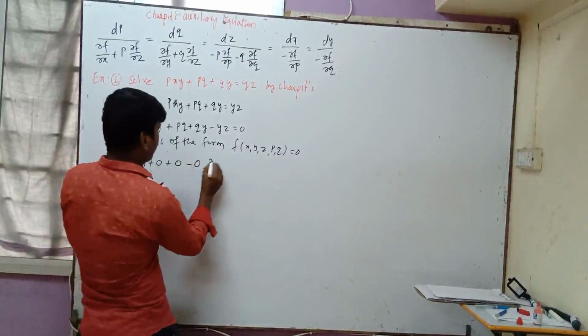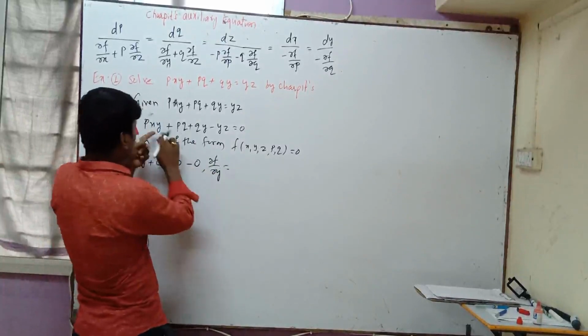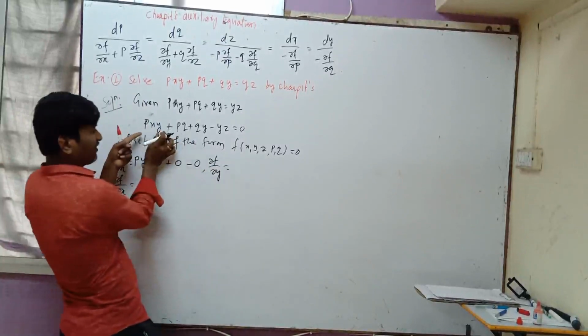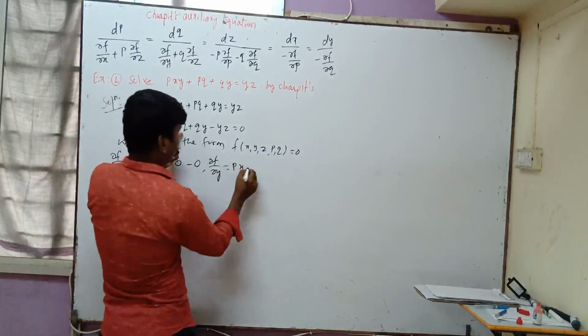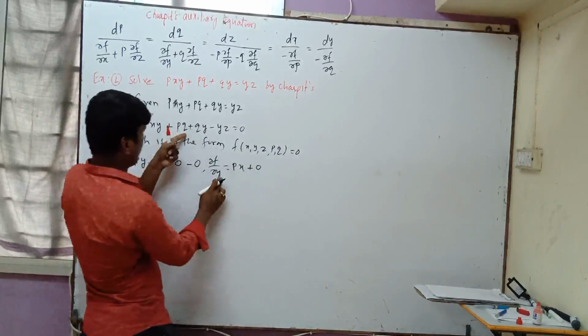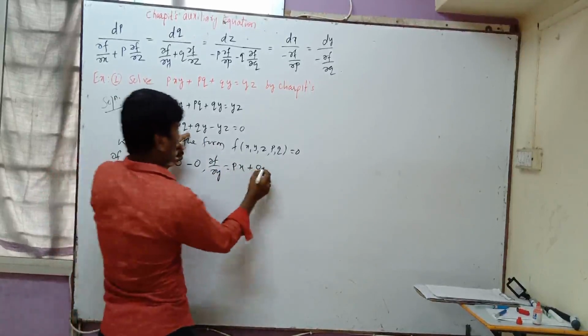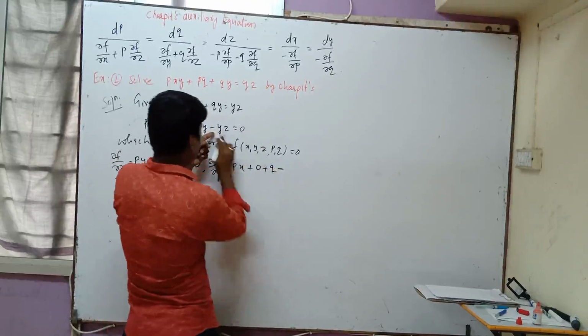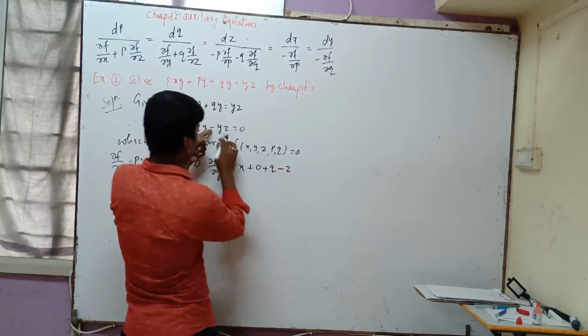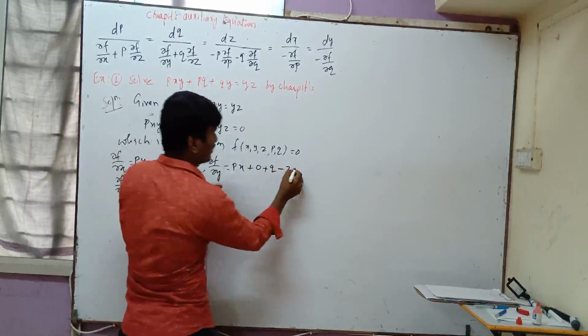Next term, differentiate with respect to y. With respect to y means only the y terms are differentiated; px becomes a constant, y is 1. Plus this is 0 because there is no y. Plus here y is there, q constant, y differentiation 1, minus here z is constant and y differentiation is 1.